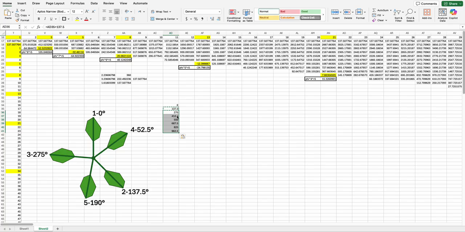Once we get past 360 degrees, we have to see how far past we went, and then we can copy that down. Our next lap happens right here, and so on and so forth. We're 52.5 degrees past on the fourth. On the fifth, we're 190 degrees past, and so on.